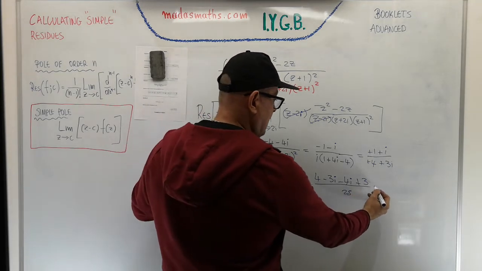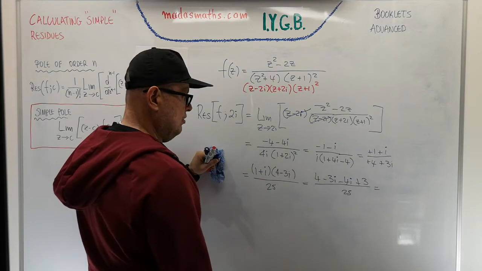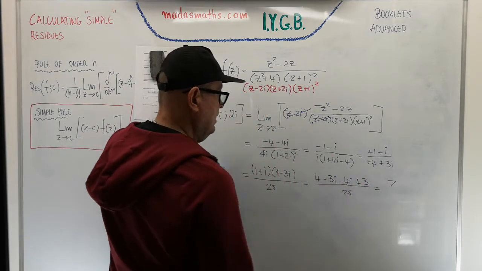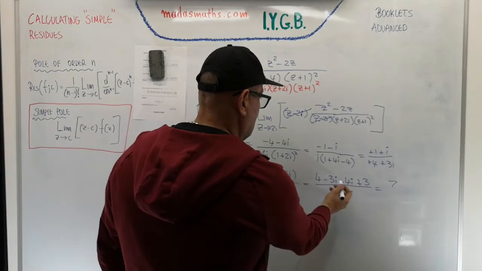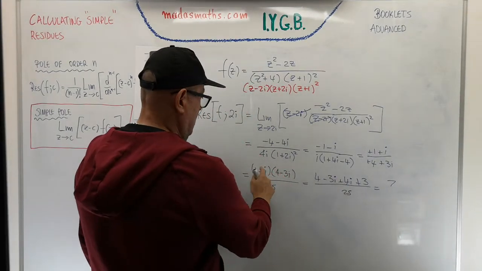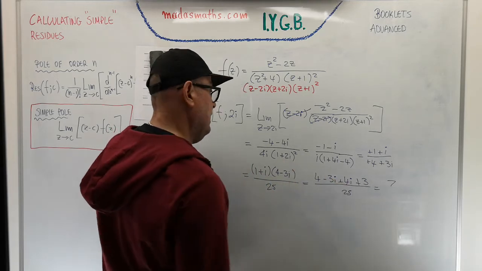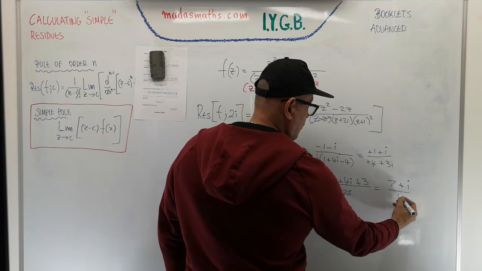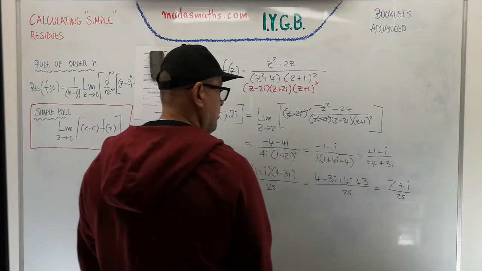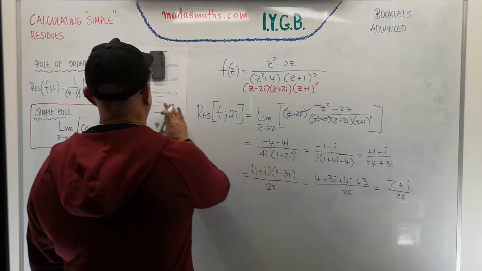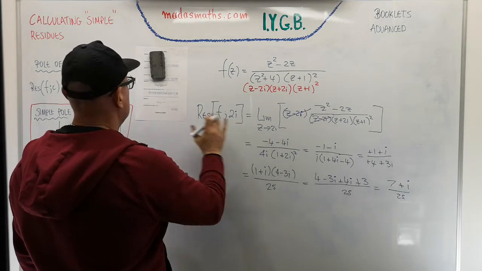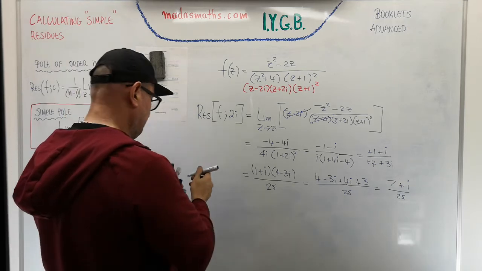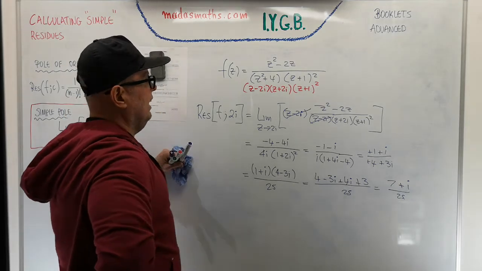I'll check the answer because I'm not confident that this is correct. Wait a second, it's supposed to be plus 4i there, 4 minus 3i, this is plus there, and that gives me plus i over 25. So the residue at 2i is 1 over 25, (7 plus i). Yeah, that's correct. Very, very messy and very long.